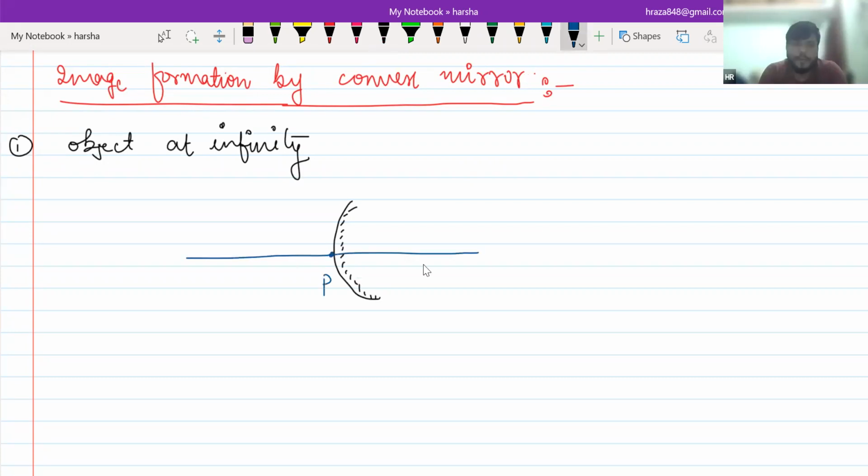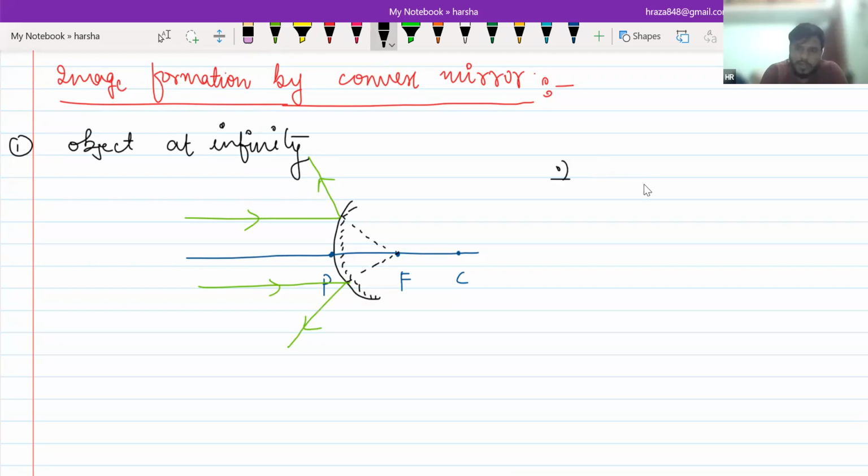I told you that whenever the object is at infinity, the rays will come parallel to the principal axis. So they will reflect back, and they will appear to meet at the focus.